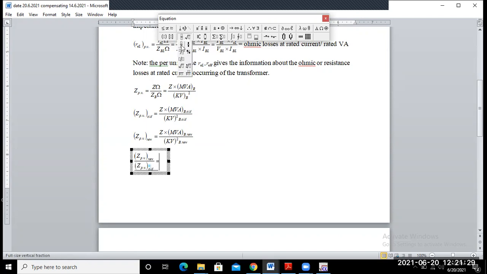That means MVA base new divided by MVA base old, into kilovolt base old divided by kilovolt base new whole square.